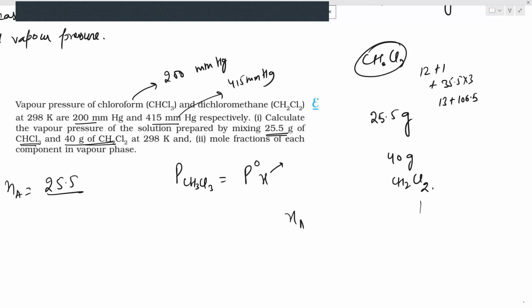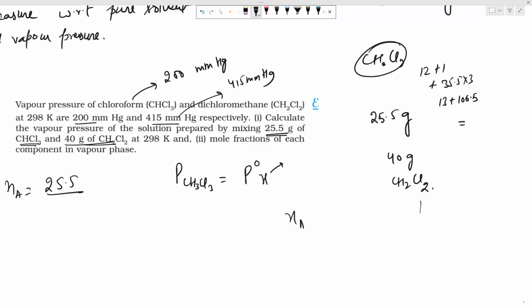Then you add these two. What will you get? You get 119.5. So divide by 119.5.